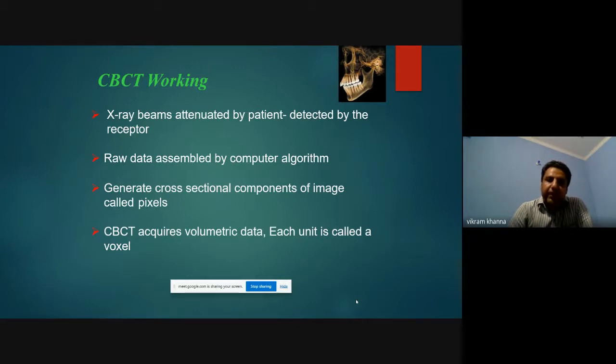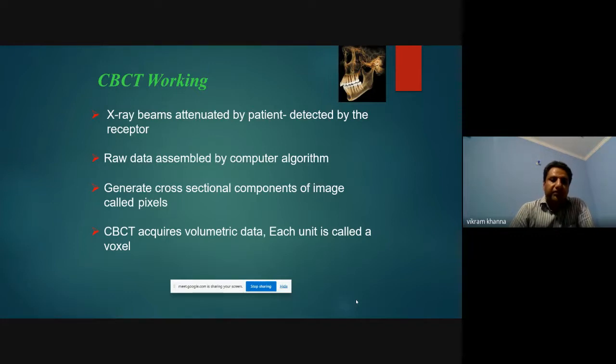Pixels, if you expand it, means picture elements. PIX stands for picture, ELS stands for elements. This is pixels, which you call it in the two-dimensional view. And if you want to see the same thing in three dimensions, that is called voxels.